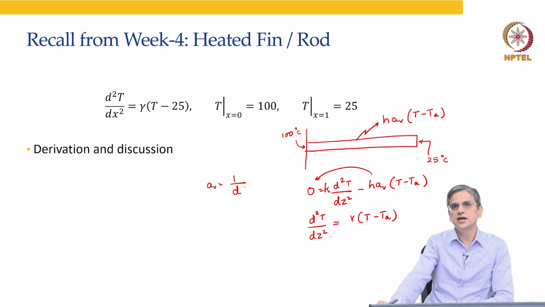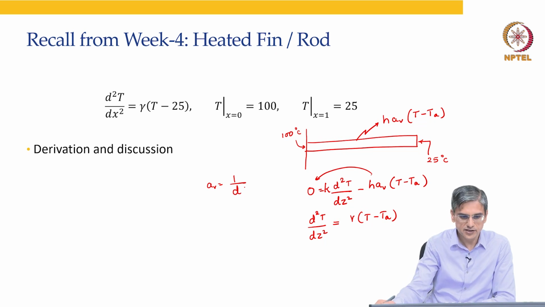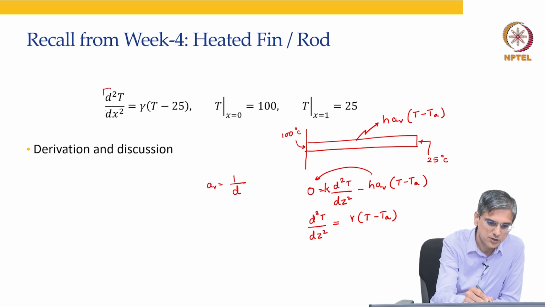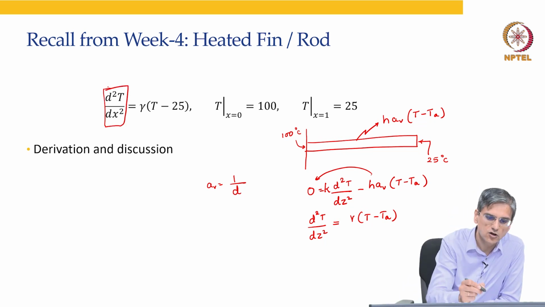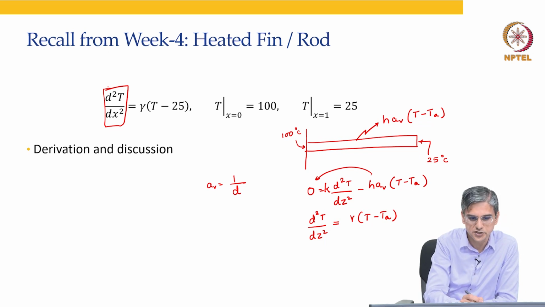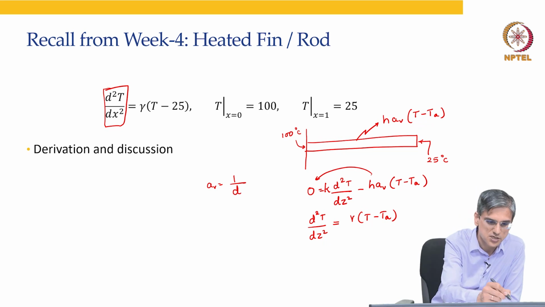So, that is how we have the overall system. Now, what we had done in week 8 is we were able to convert a second order ordinary differential equation into a series of first order ordinary differential equations. How?